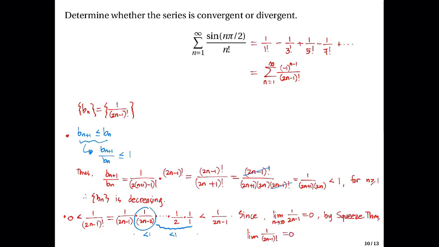Therefore, you conclude that this guy here is convergent. So this guy here is convergent, and therefore, this guy here is convergent.